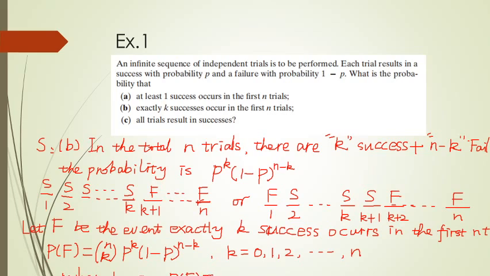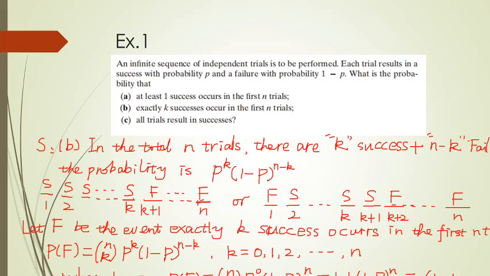It means all the trials give failure, so that will be N choose 0 times p to the 0 times 1 minus p to the N. N choose 0 is 1, which means you didn't choose any. It's the same as N choose N, if you follow the formula for combinations. And p to the exponent 0 is also 1, leaving 1 minus p to the N.